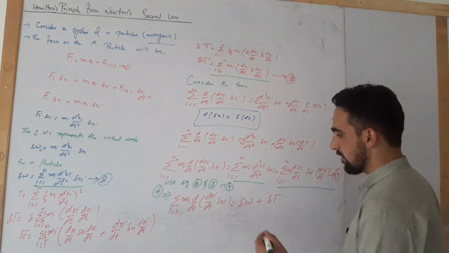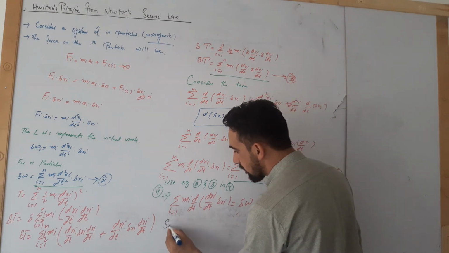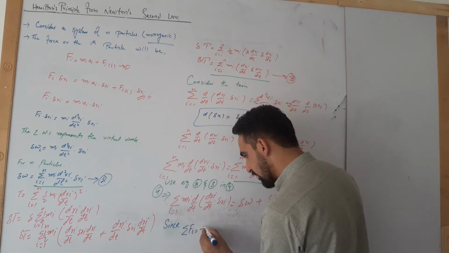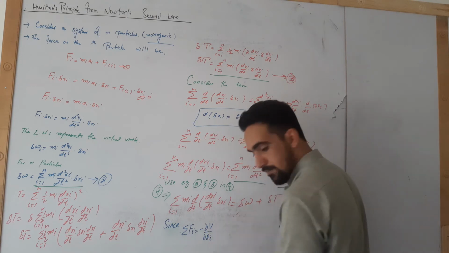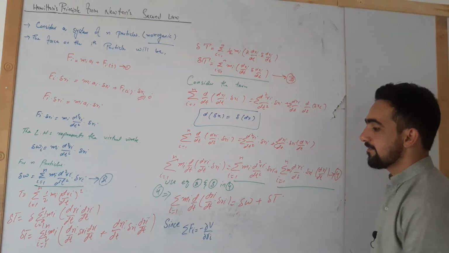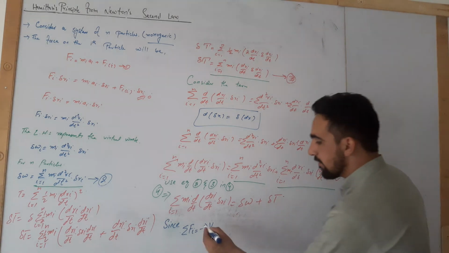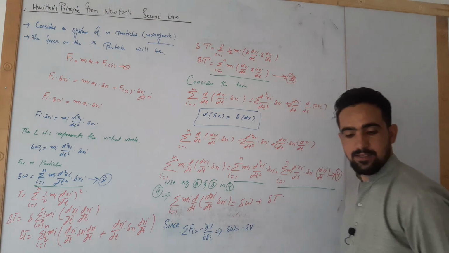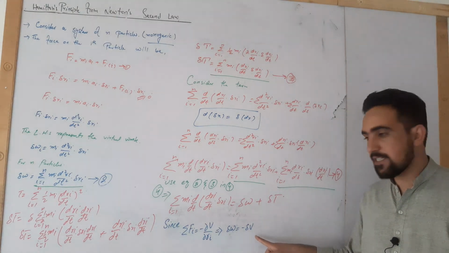We know that force is the negative gradient of potential, so we can write the virtual work delta W is equal to negative delta of the potential energy.